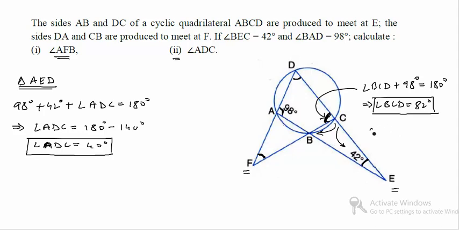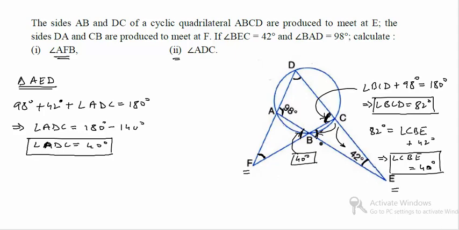Which means that 82 degrees should be equal to angle CBE plus 42 degrees, which implies your angle CBE is equal to 40 degrees. Let us remember this also. Now, since your angle CBE is equal to 40 degrees, then your angle ABF should also become 40 degrees, because these are vertically opposite angles, right?